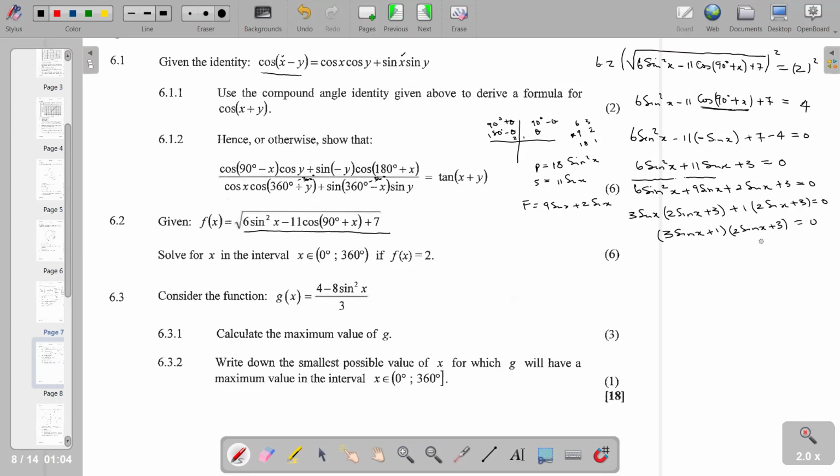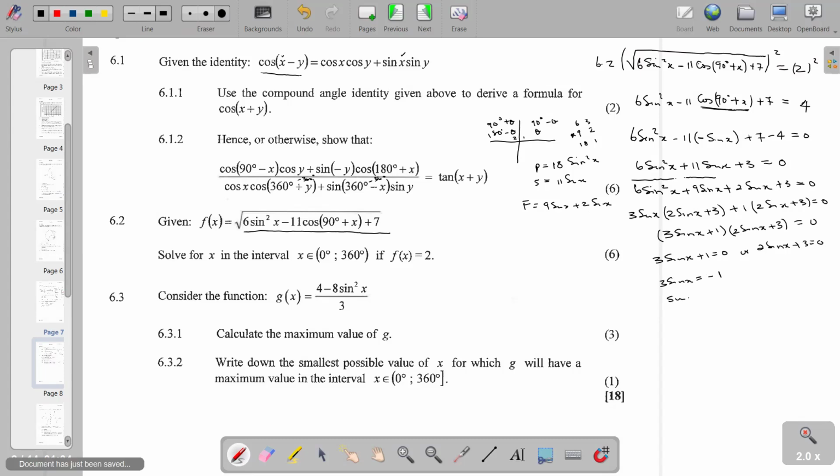When we have two factors equated to 0, it means each factor, 3 sine x plus 1 is equal to 0, or 2 sine x plus 3 is equal to 0. So it means our 3 sine x is equal to negative 1.